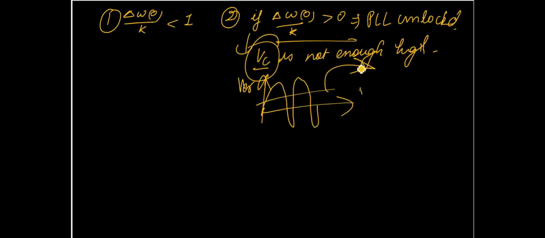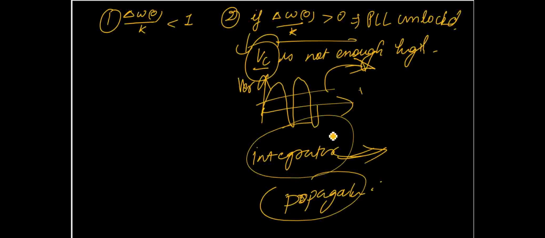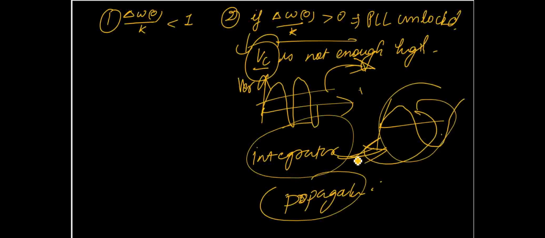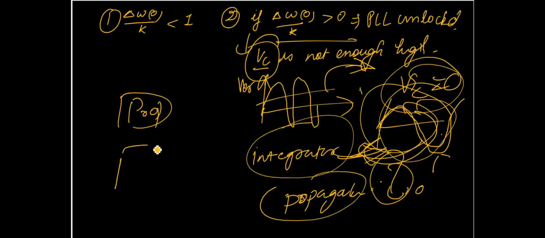We know that we can amplify this with the help of an integrator. But using the integrator alone is not enough. We have to use one proportional component also. Initially this V error is a symmetric sinusoidal signal, and if you feed it to the integrator, it will make it 0, your VC will become 0, and your PLL won't lock. So initially it goes through the integration path and becomes 0, but there is a proportional path also, which gives some value, and these two are summed up.